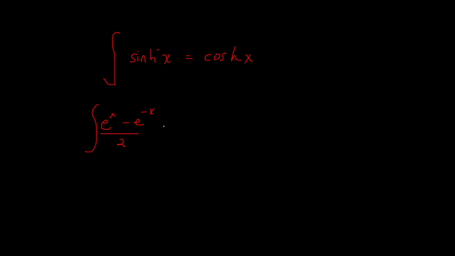Now integrating this is the same as 1 over 2 times the integral of e to the power of x minus 1 over 2 times the integral of e to the power of negative x, with respect to x.